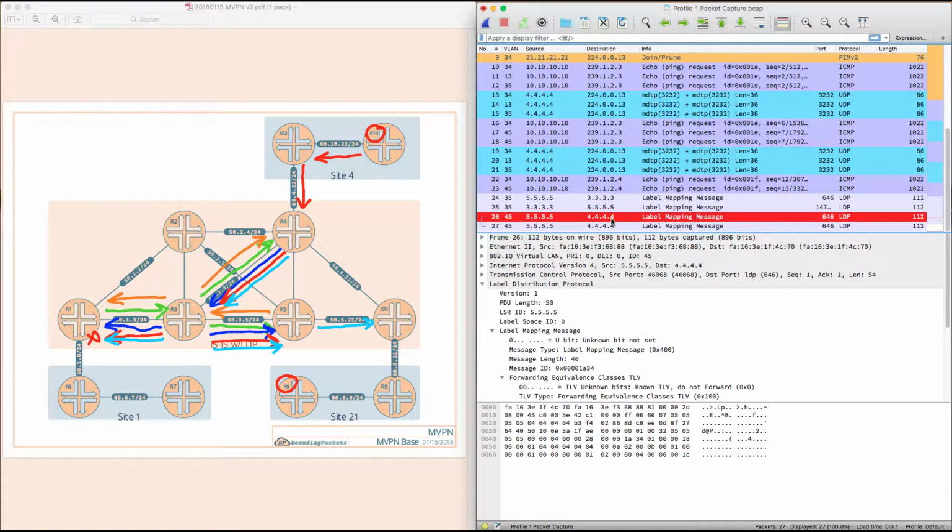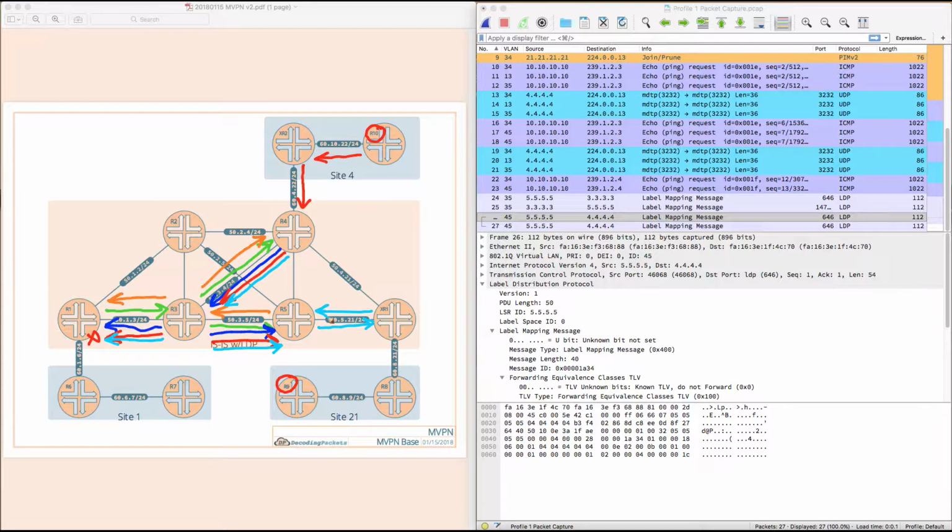So this is the P2MP signaling that R5 is sending over to R4. Remember, the P2MP signaling is going to be a little bit different. This is going to come this way from XR1, because XR1 is the only one who is going to signal a join to that P2MP tree, because that was the only PE that had an actual receiver behind it.